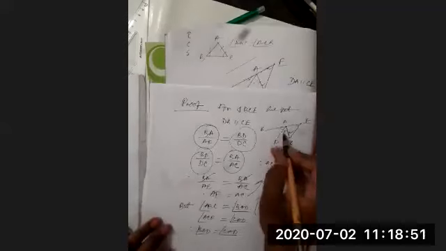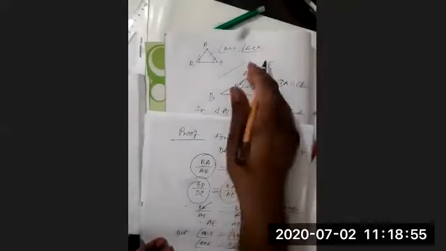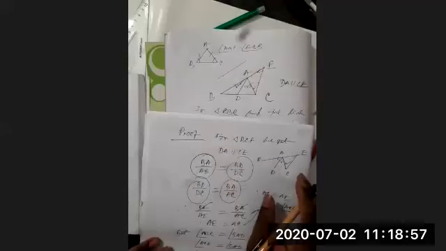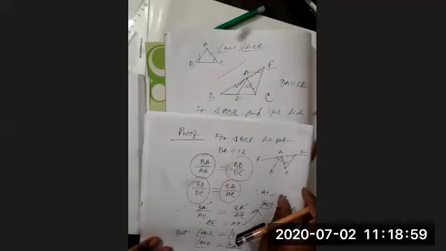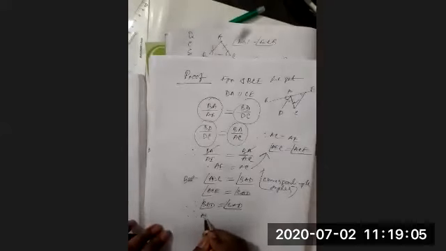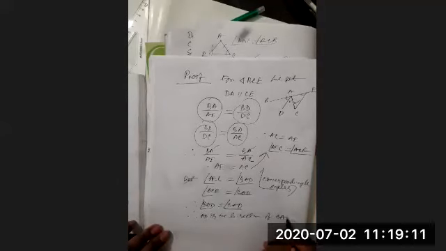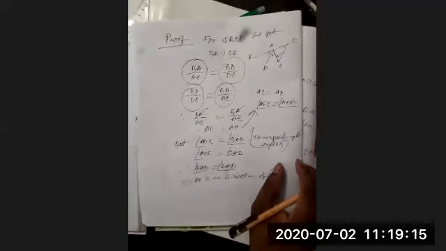When angle BAD and CAD are equal, then AD is the bisector of angle BAC. It is directly proved that it is the bisector of angle BAC. So that AD is the bisector of angle BAC.